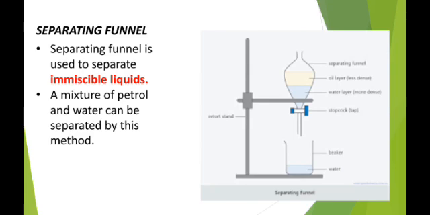However, to separate the two layers, we make use of a separating funnel. The lower, denser, which is heavier, liquid layer is tapped off, as you can see from the diagram, leaving the upper, less dense liquid layer in the funnel.